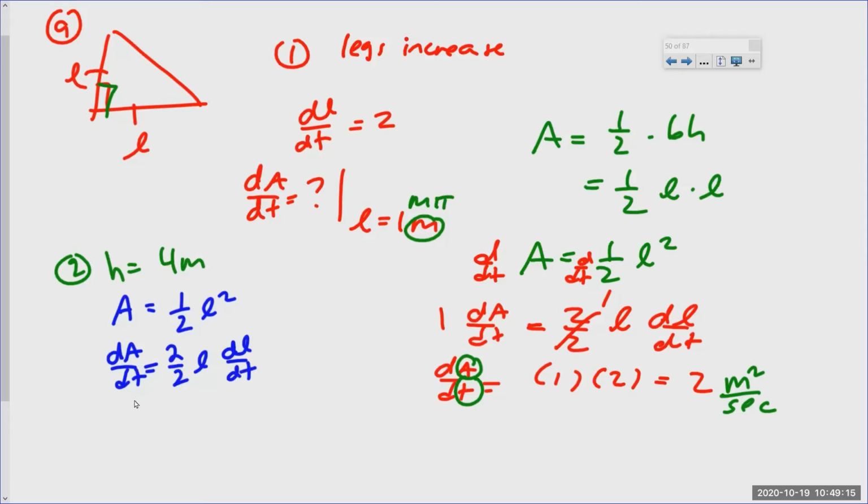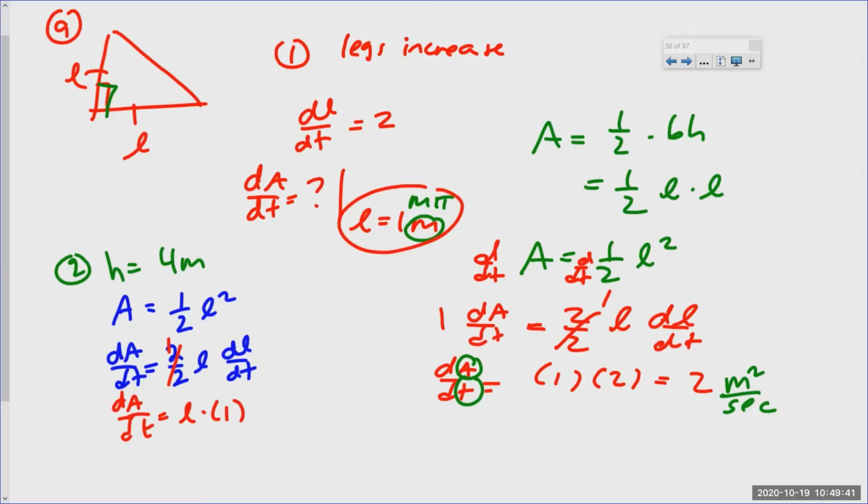Actually, it's really the same. Now you're going to plug in. This 2 over 2 turns to 1, so don't worry about that. But instead of L, the problem is you don't know what L is. Or do you? Well, let's see. You're going to do dA dt is equal to L times, what's dL dt? I think you still use this 1 up here. I still think that's 1.